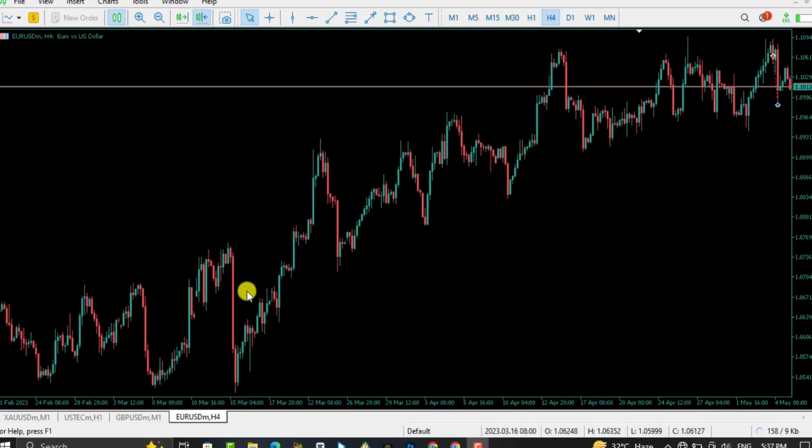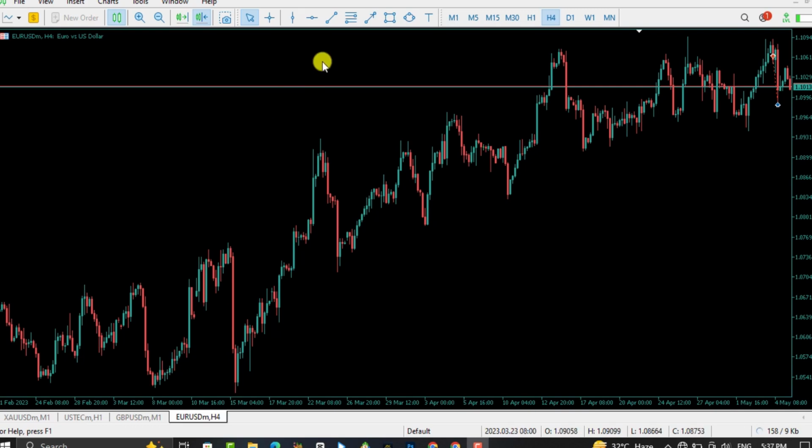Right, now back to the charts. Let's quickly look for a valid break of structure, inducement, and change of character. We're going to use this range over here, the movement from down here to up here, and let's check if we can see a break of structure. If you look at the movement from here to here, and then price came down over here, the next thing price did was to move up.